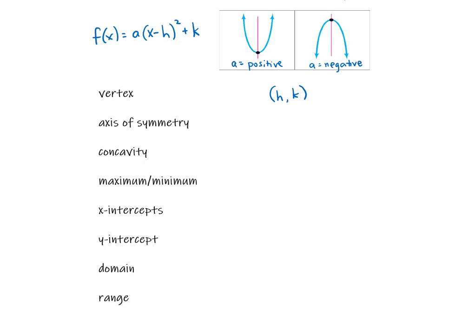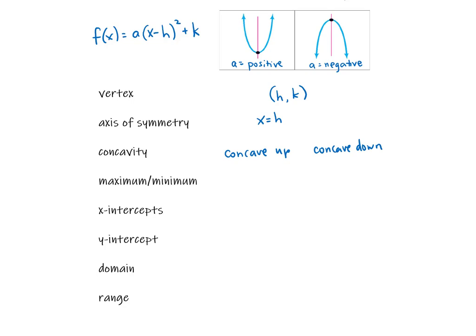For the axis of symmetry, you have to make sure that the axis is an equation of a line. You can't just give a value. You have to give the equation of the line. And it's a vertical line, so it's going to be x equals h. Notice that h is from the vertex. Now the concavity: because the a is positive, this one's going to be concave up, while when a is negative, it's going to be concave down.